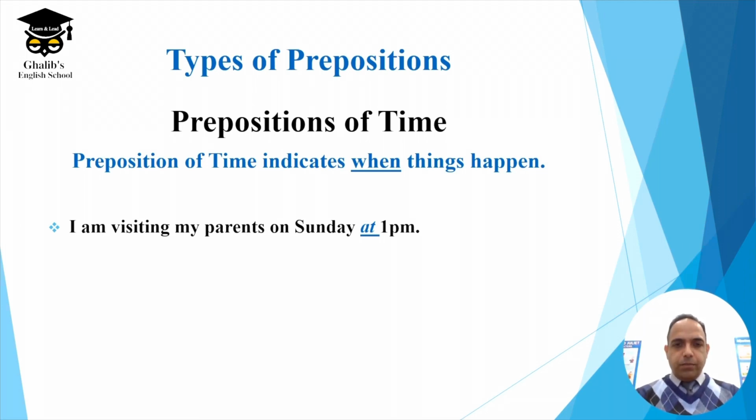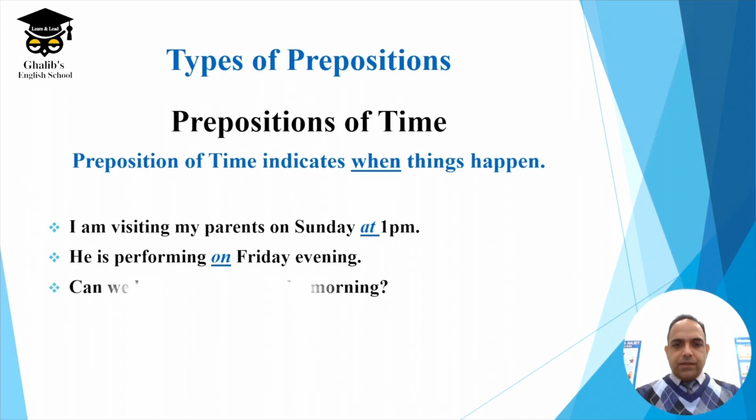Look at the second example. He is performing on Friday evening. So when we talk about days, we use on. I'm going to see my mom on Saturday, on Friday. Different days, you can use on. If we talk about, let's say, meeting someone in the morning, we're going to be using in. If it's in the afternoon, we're going to be using in.